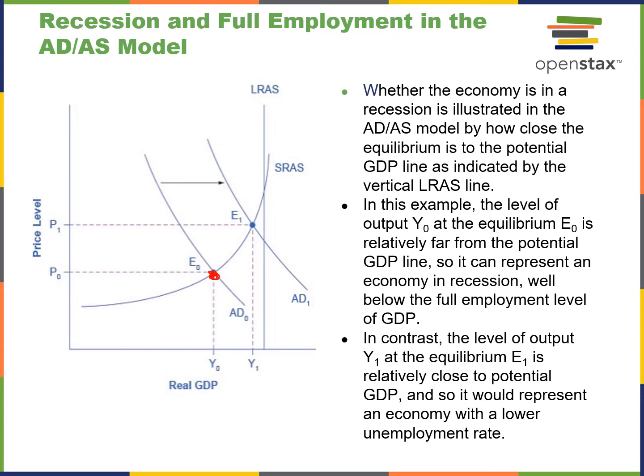So that's the long run aggregate supply, and it is further away at this point. In this example, the equilibrium E0 is relatively far from the potential GDP line, which is right here. And so this would represent a recession. In contrast, if the level of output at E1 is relatively close to the potential GDP, it would represent an economy with a lower unemployment rate. So this would be effectively a little bit of a positive change for the better.